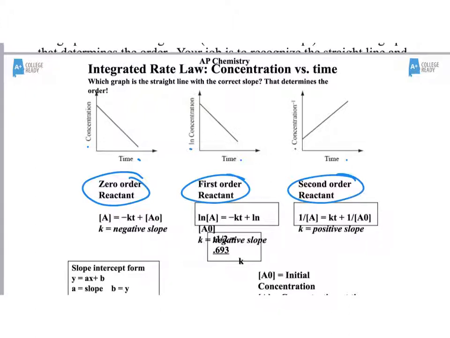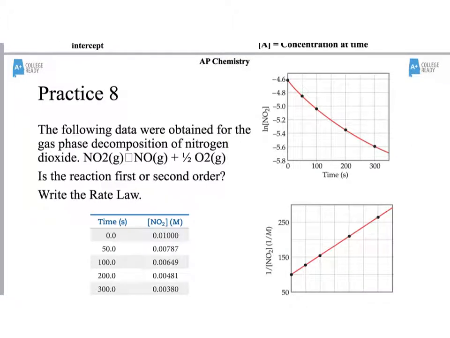The 2 equations on the AP equation sheet are the equations for the first order and the second order lines. This one and this one. They are not in slope-intercept form, so just be aware of it.